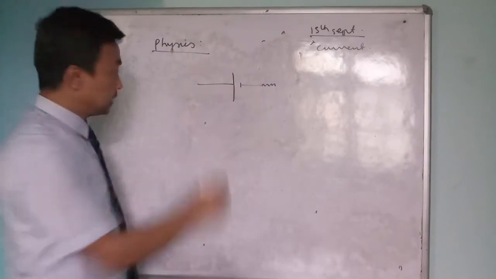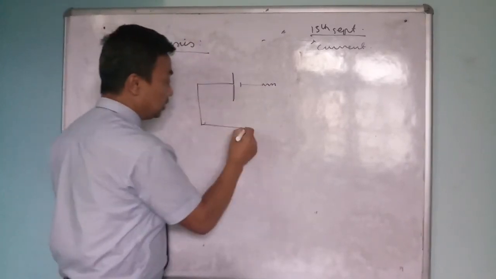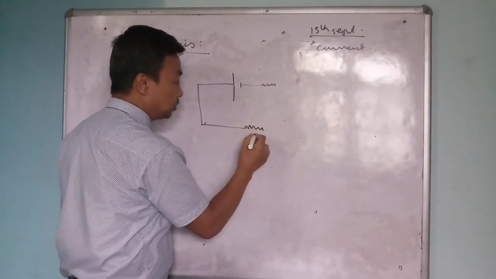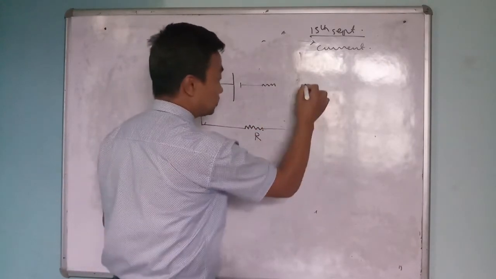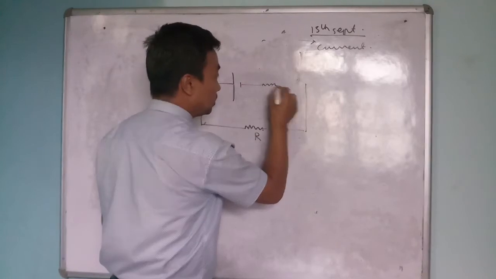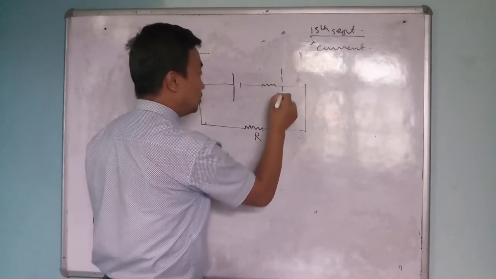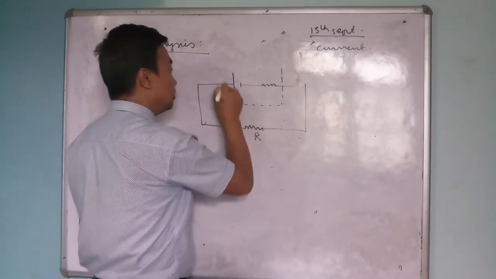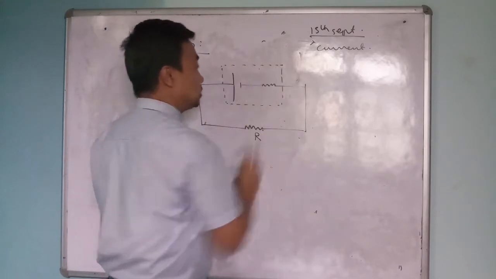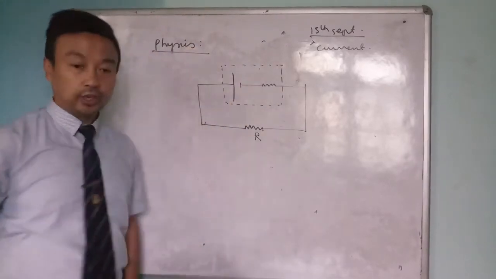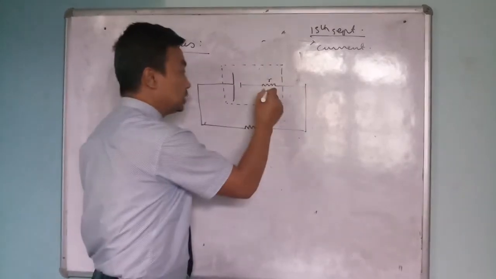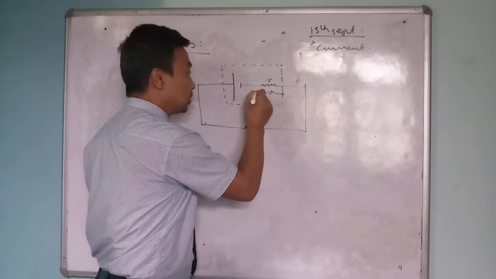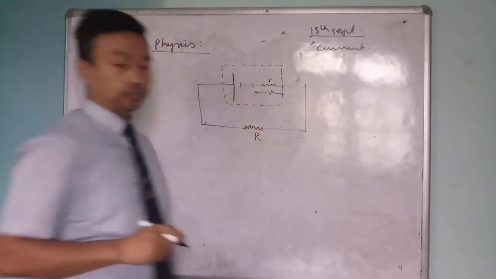Then let us say this is your terminal voltage. You have the outer circuit. This is inside the cell, where you have a small resistance r and a voltage drop v across this electrolyte.